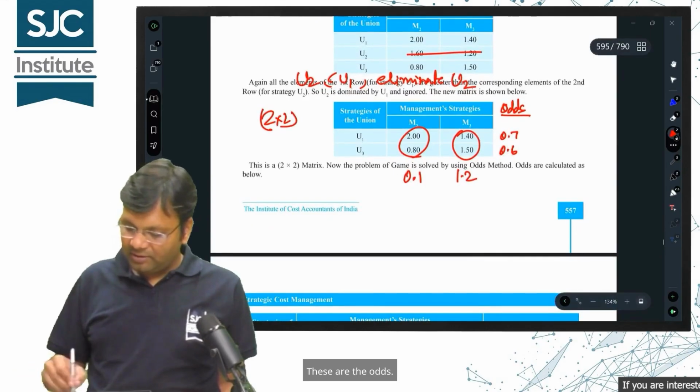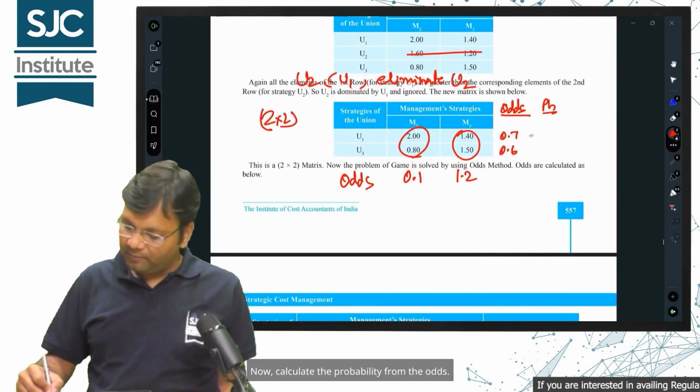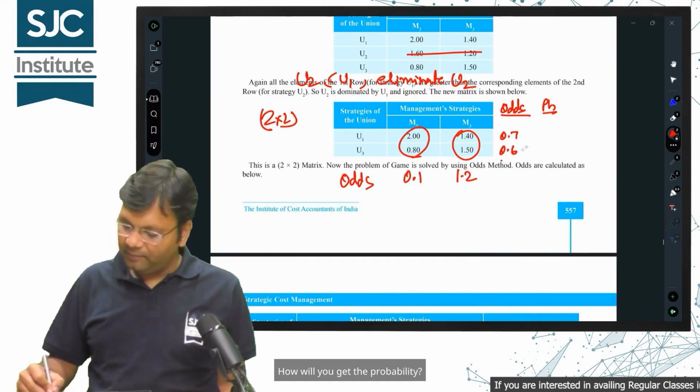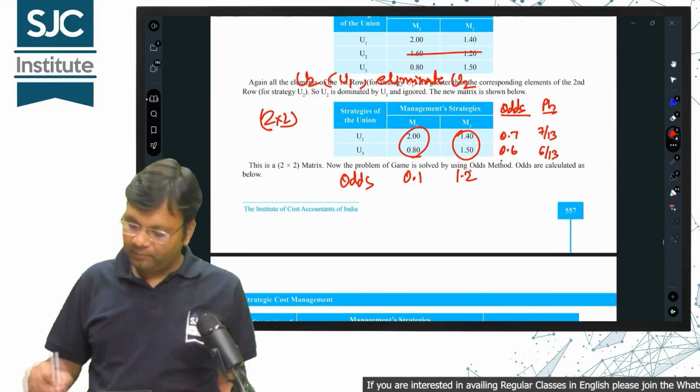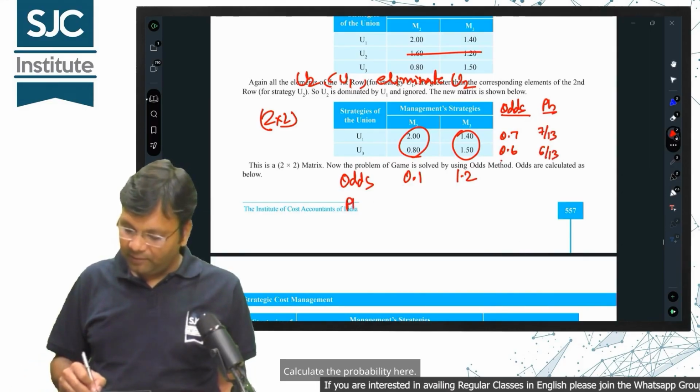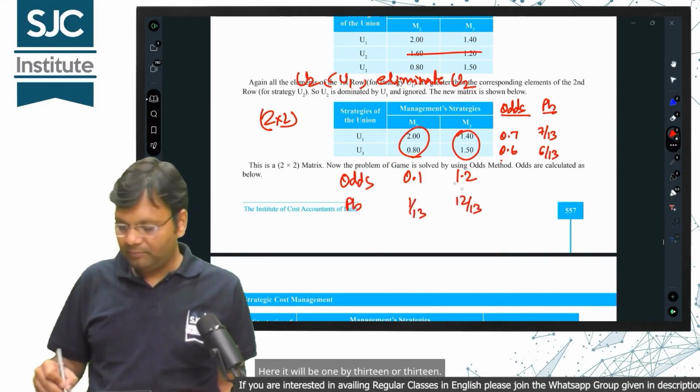These are the odds. Now calculate the probability from the odds. How will you get the probability? 0.7 by 1.3, so is it 7 by 13 or is it 6 by 13? Calculate the probability here. Here it will be 1 by 13 or 13.